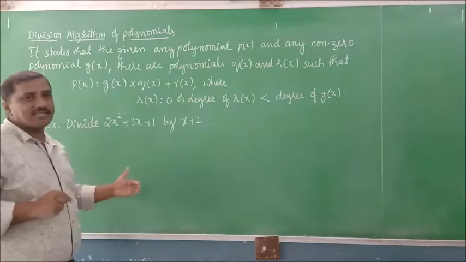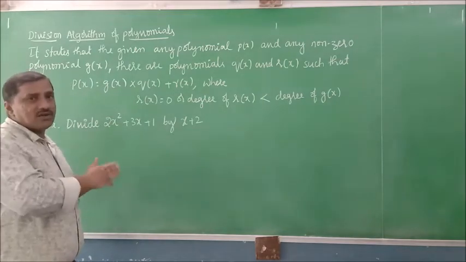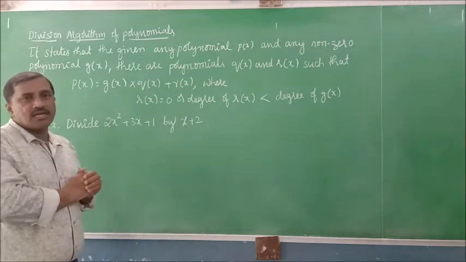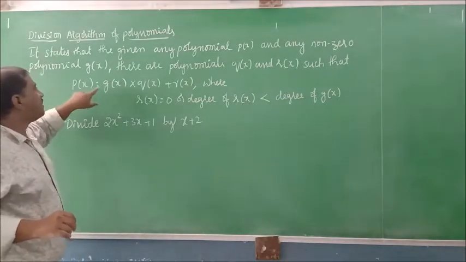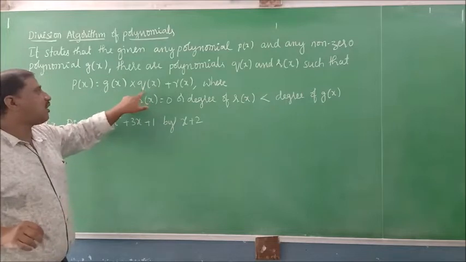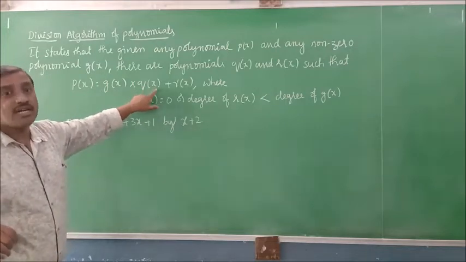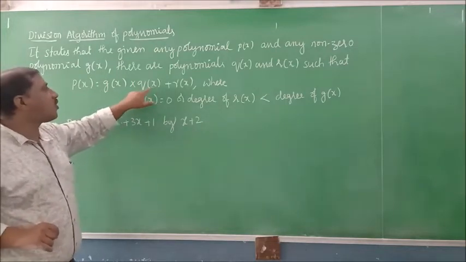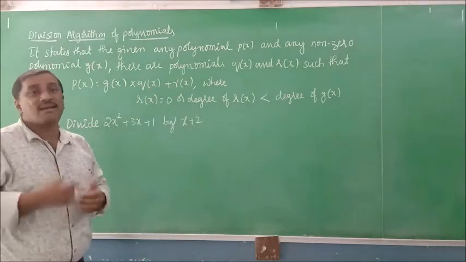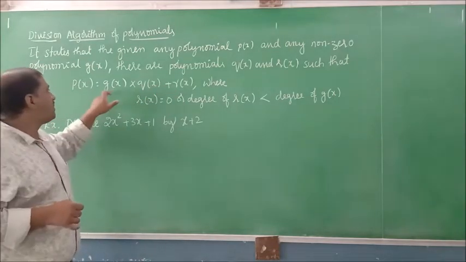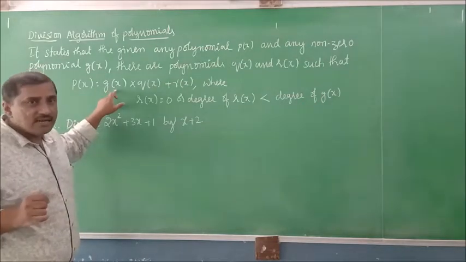Like what we have discussed, dividend is equal to divisor into quotient plus remainder. So here p(x) is equal to g(x) into q(x), where q(x) is the quotient polynomial, plus r(x), where r(x) is the remainder polynomial, and g(x) is the divisor polynomial.